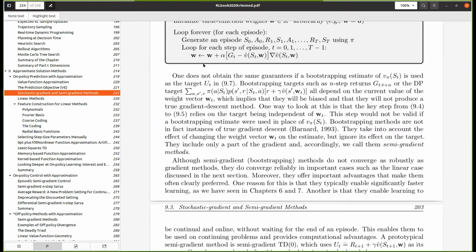But in this case, we do not change the particular value associated with some state S sub t, but instead we update the weights of a function based on the observation made in this state.